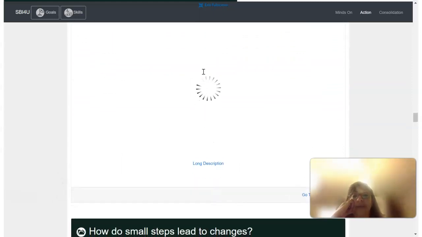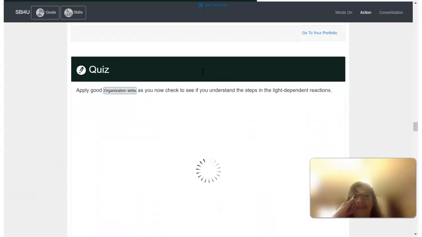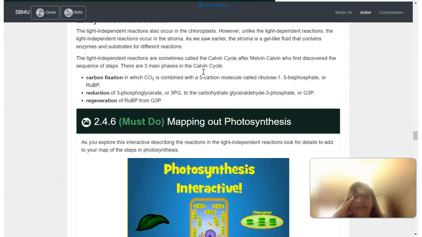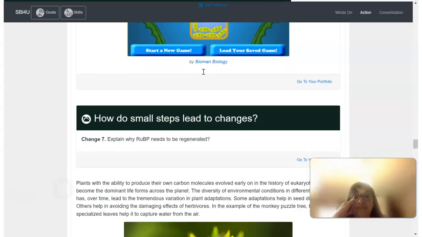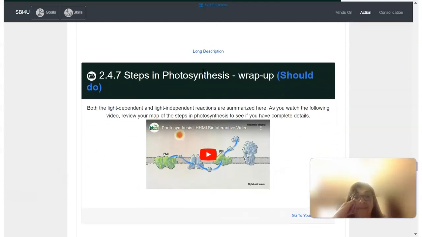So you're going to have 2 activities, 2 interactives, one for the light-dependent reaction and one for the light-independent reaction. And then you're going to have in this interactive sort of wrap-up, and the quizzes are interactive as well.